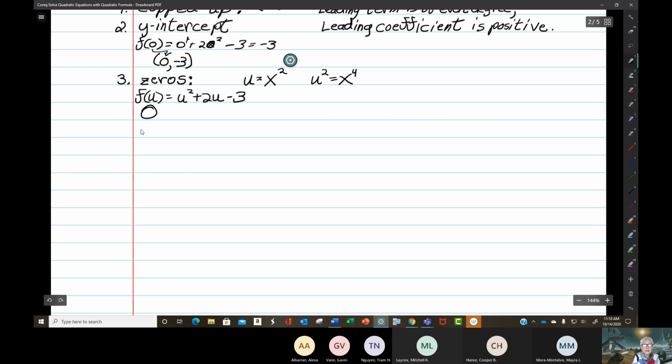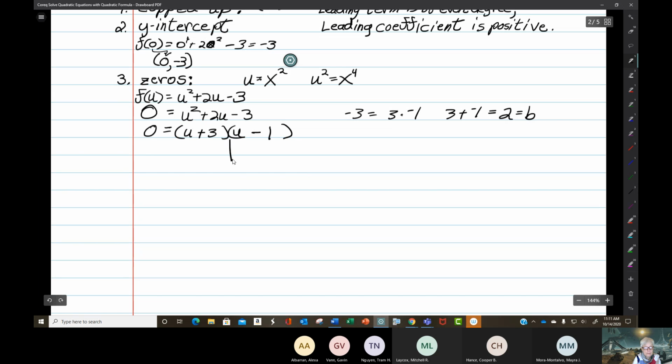0. You have to put a 0 there if you're looking for the zeros. 0 equals u squared plus 2u minus 3. So 0 equals two empty parentheses, u plus 3 and u minus 1. Because -3 equals 3 times -1, and 3 plus -1 equals +2, which is the B number.